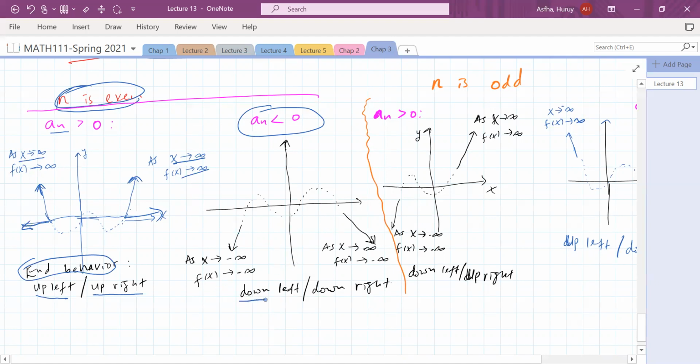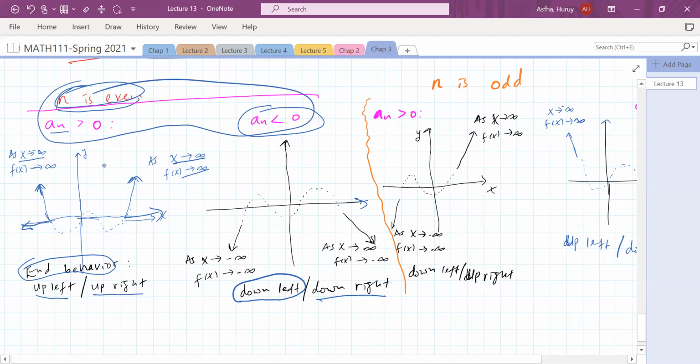So we have down left. And on the right side, as x goes to positive infinity, which means positive values, the graph is still going down, which means down right. It's going in this direction. So based on these two pieces of information, I can determine the endpoints.